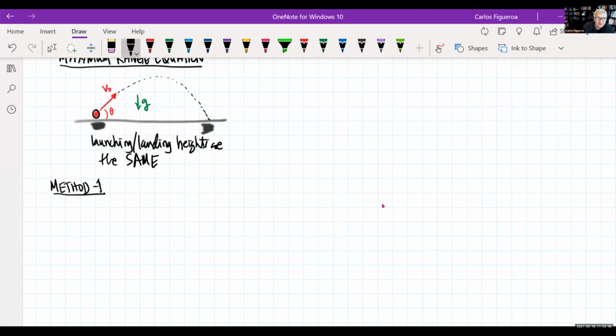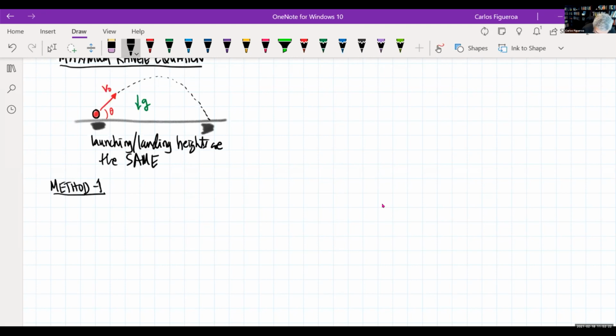And the way you calculate maximum range, this is probably the most common way. So we know that the time to reach maximum height for a symmetric trajectory should be half the total time.